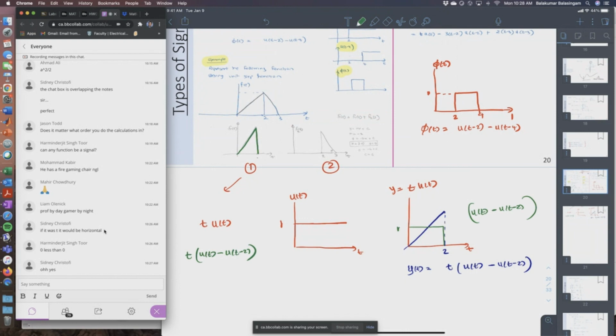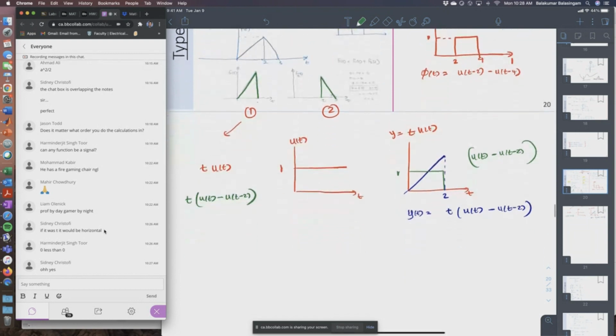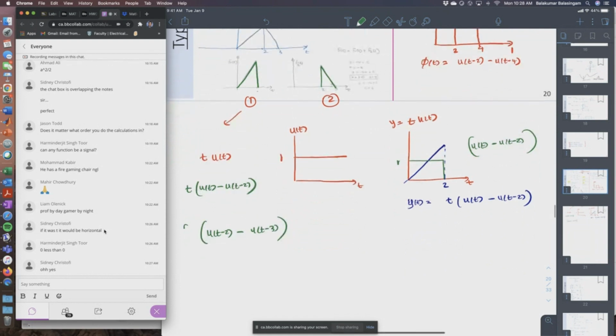Okay. Now, what is the other function? So now we know the drill. So I need to multiply something by [u(t-2) - u(t-3)]. Something, let's call it f(t). We need to find that f(t).